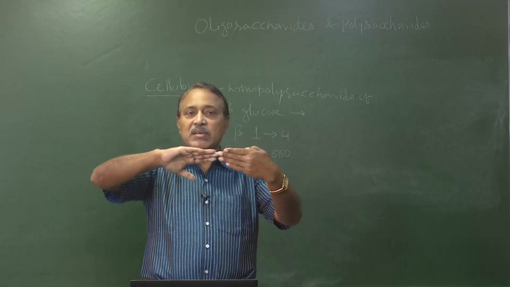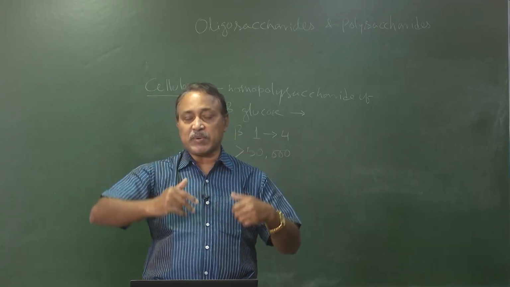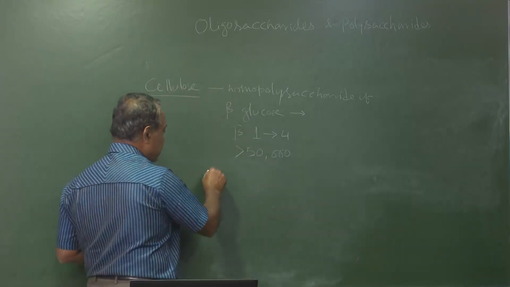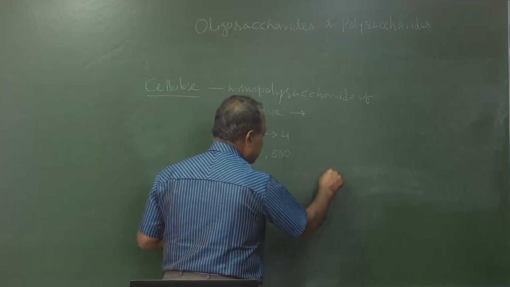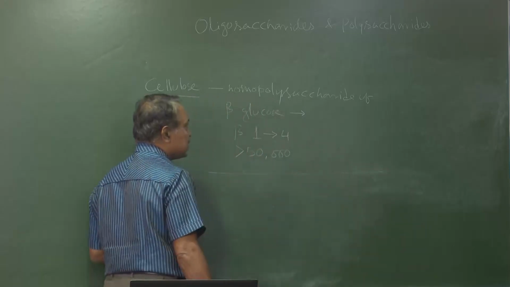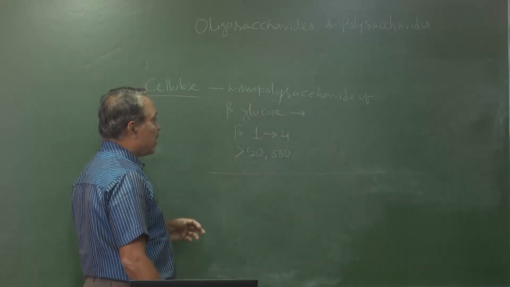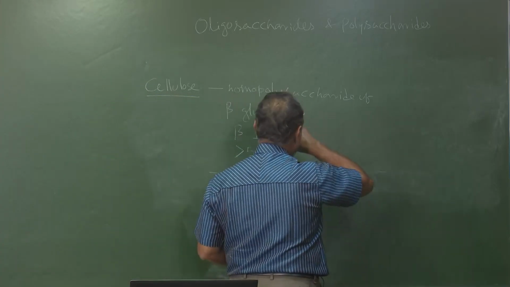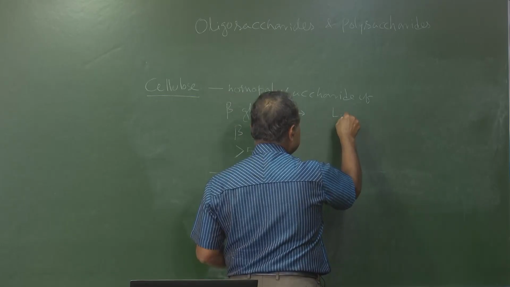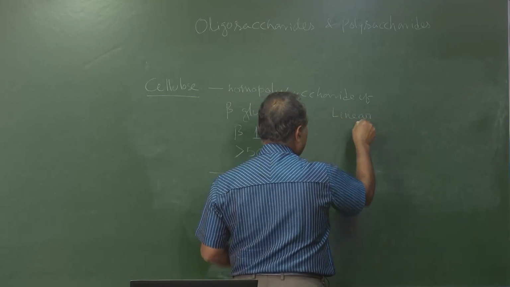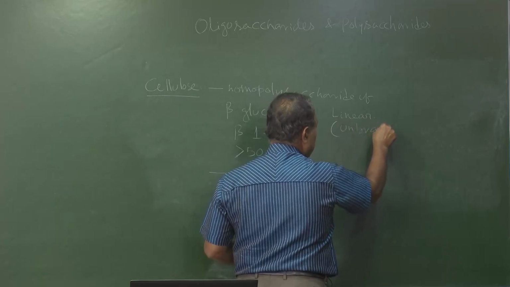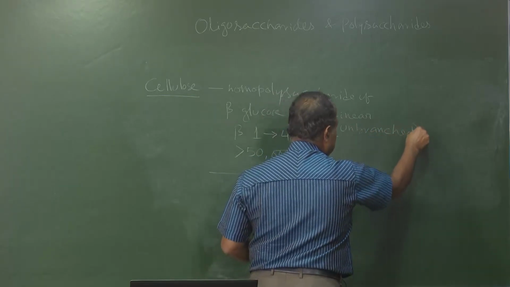But since they are flipped 180 degrees, they can make a straight chain. They make a linear chain. This is what we find, it is linear, means unbranched.